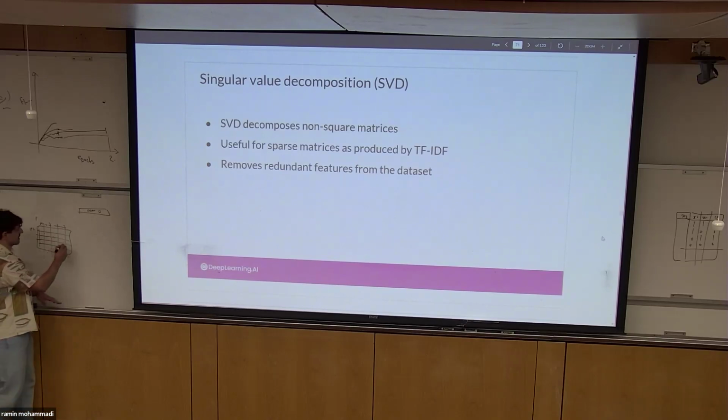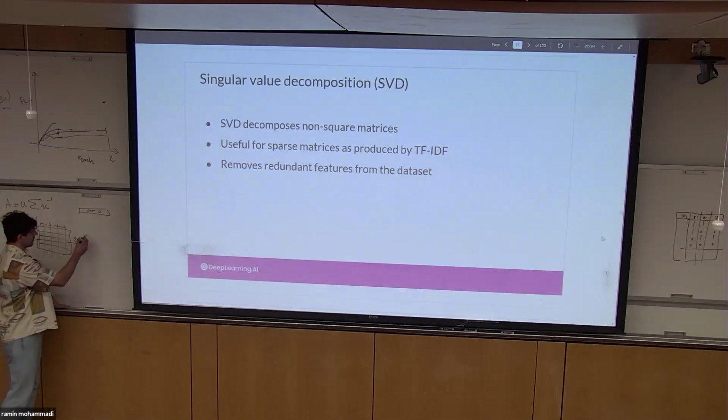One technique here is SVD, singular value decomposition, where if you have a matrix A, you can decompose it into three matrices: left singular, right singular, and singular value matrices. The idea is that you create these three matrices.